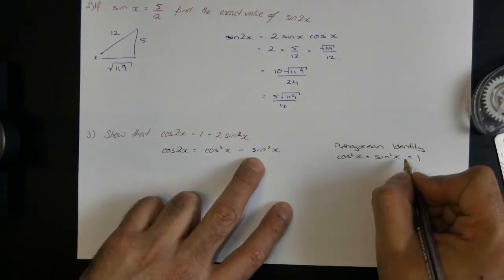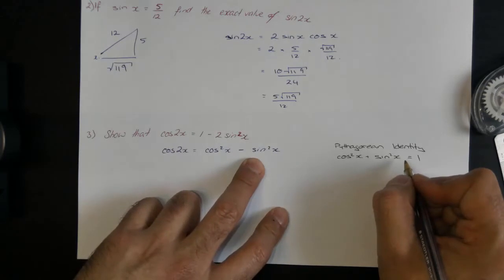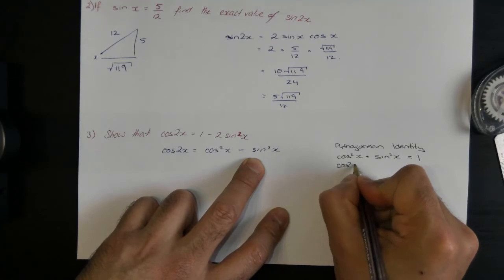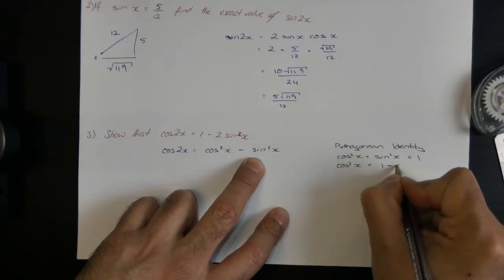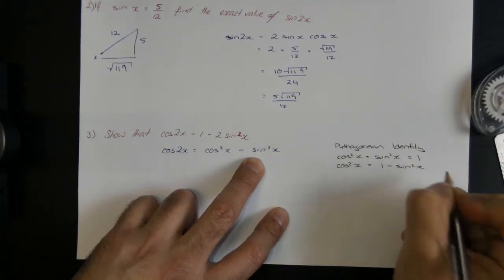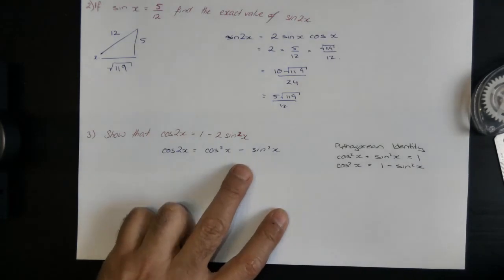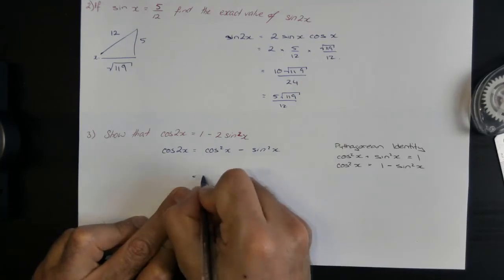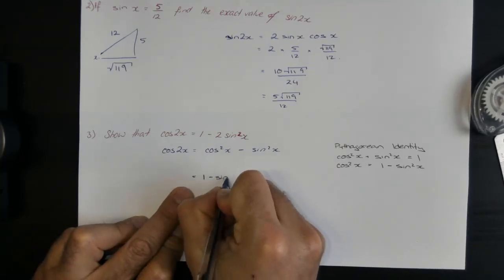So technically we can say that cos squared x is the same as 1 minus sine squared x. So instead of writing cos squared x, I'm going to write 1 minus sine squared x.